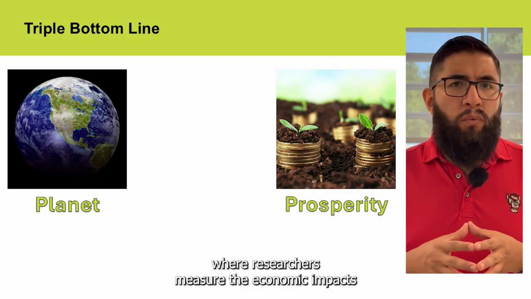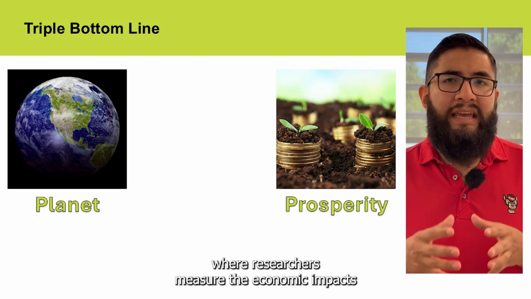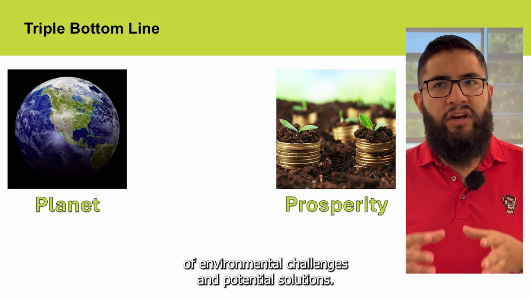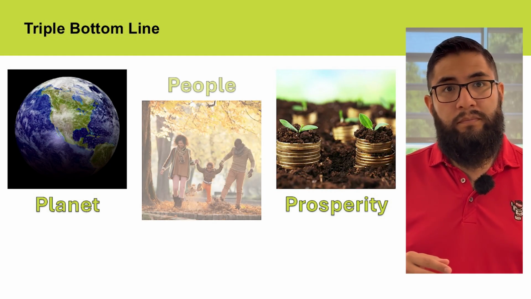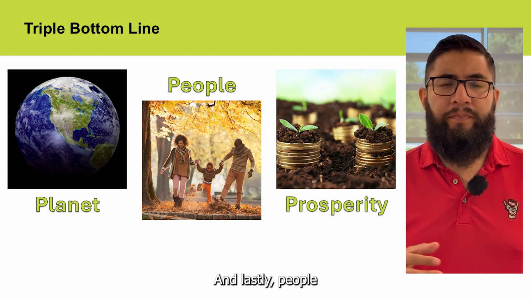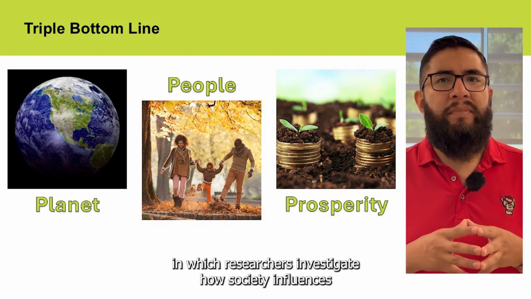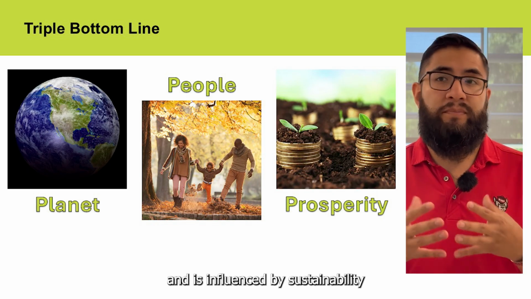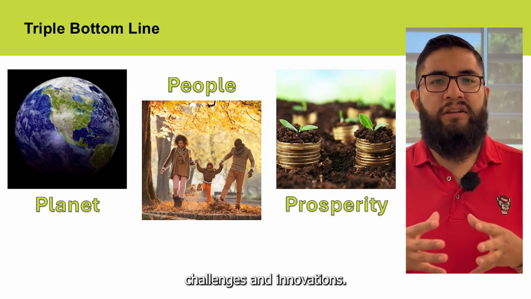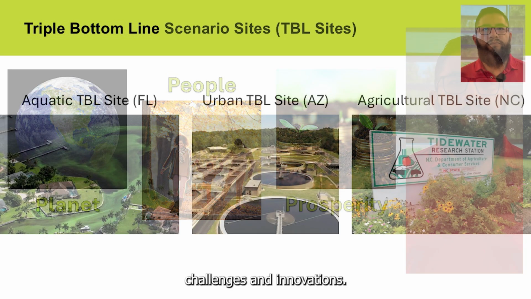Prosperity, where researchers measure the economic impacts of environmental challenges and potential solutions. And lastly, people, in which researchers investigate how society influences and is influenced by sustainability challenges and innovations.